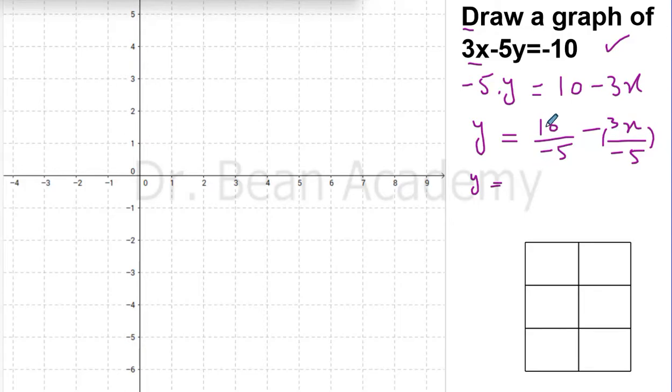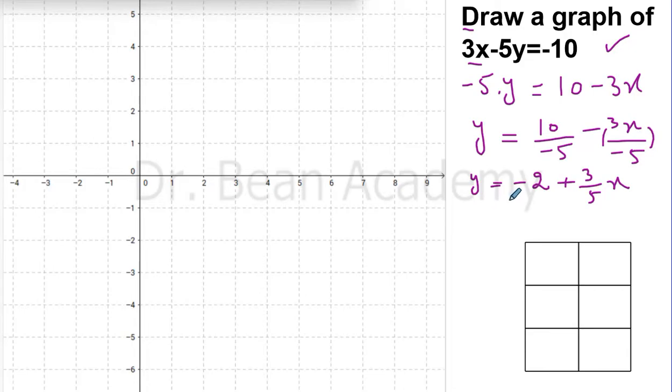When I divide 10 by negative 5, it will become negative 2, because when you divide by a number which has a negative sign, the negative sign will appear here, or you can use your scientific calculator, it will tell you. Similarly, when I divide this 3x by the negative 5, the negative sign of the 5 will cancel out with the negative sign which is with the 3x. It will become plus 3 over 5x.